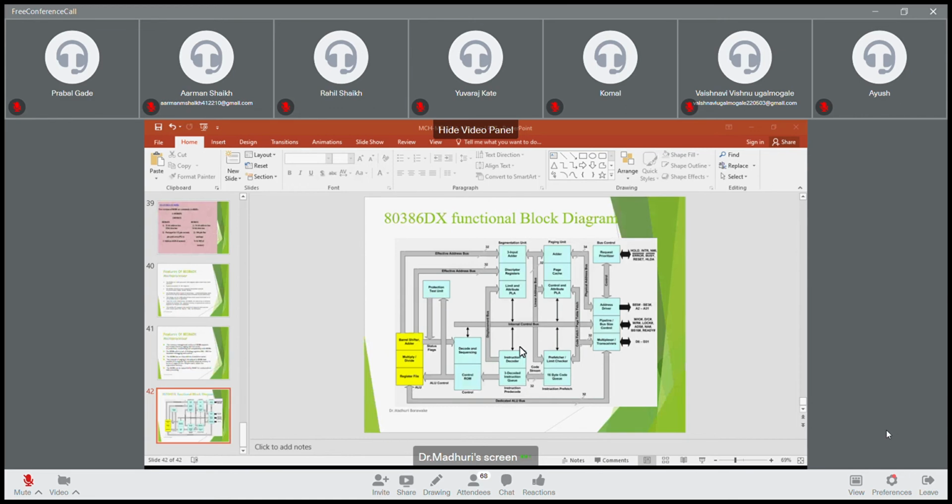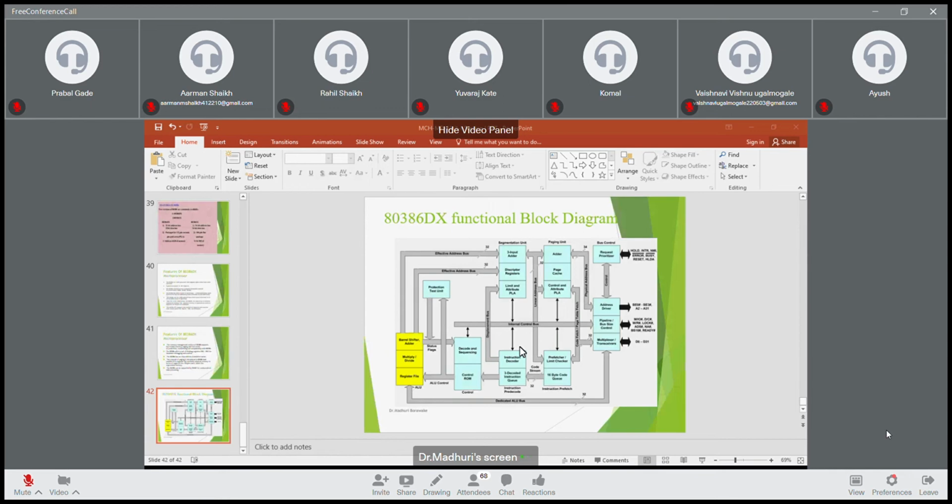Now extended stack pointer, that is the ESP, extended base pointer, that is the EBP, extended destination index, that is the EDI, and source index ESI. So these are the general purpose registers.